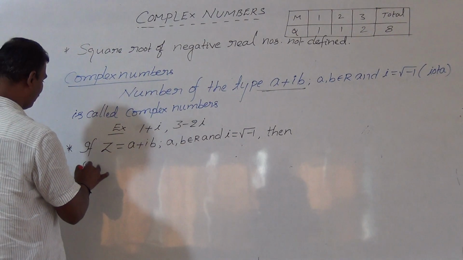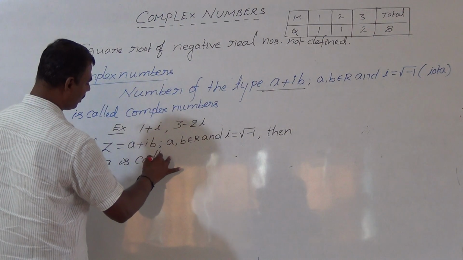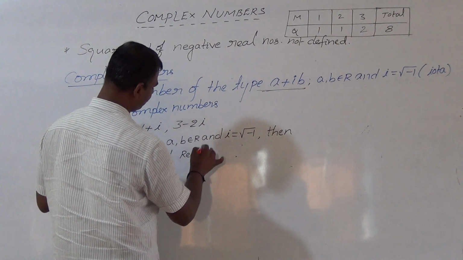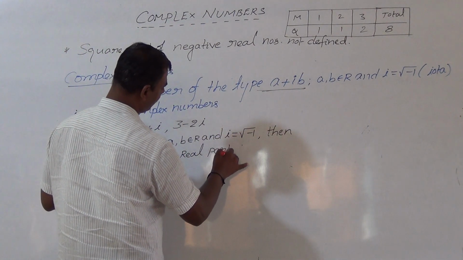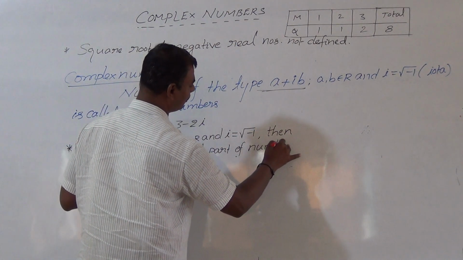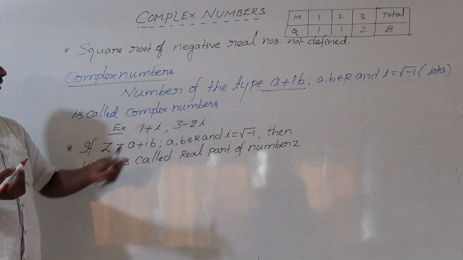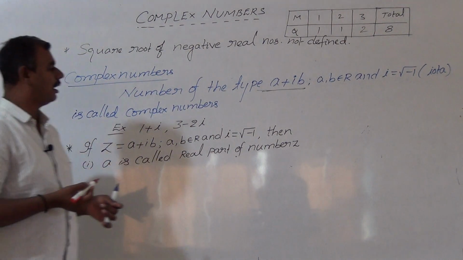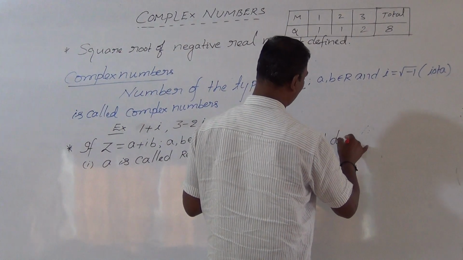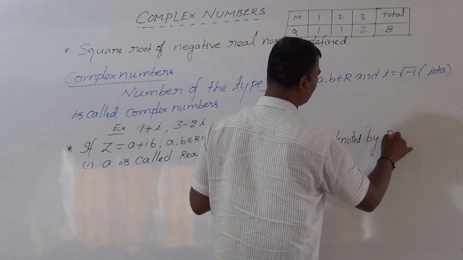Point number 1: a is called the real part of the complex number z, and it is denoted shortly by Re of z.